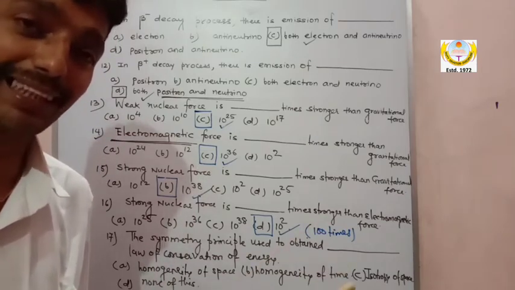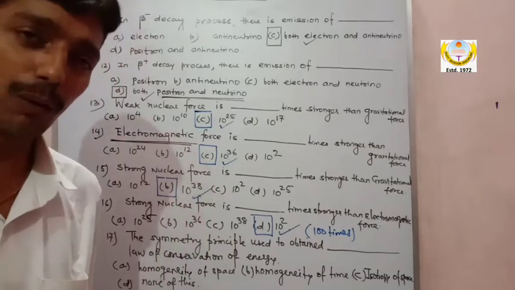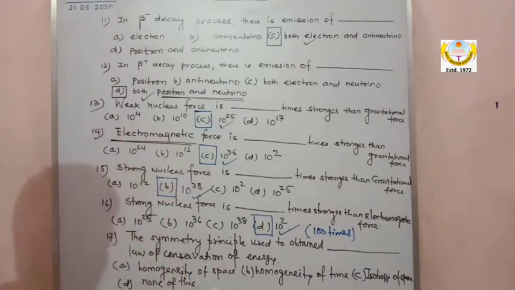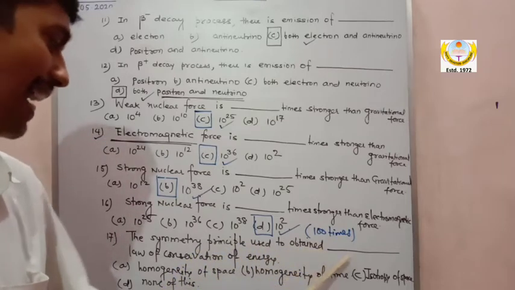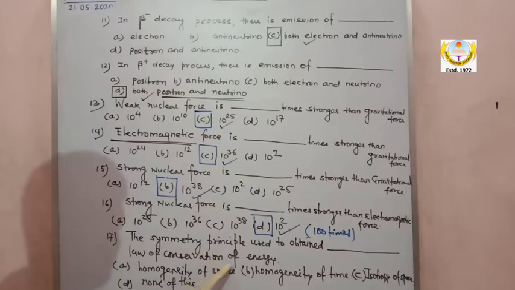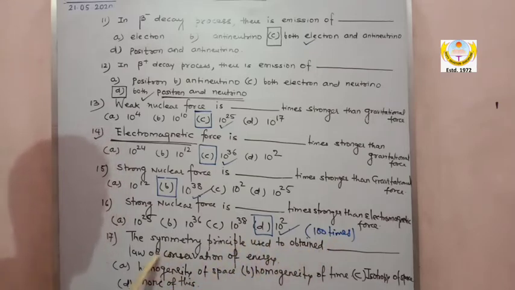In nature there is a symmetry of space and a symmetry of time. Please try to understand. Now what does that symmetry mean? The question is: the symmetry principle used to obtain the law of conservation of energy. Which symmetry principle are we using to obtain the law of conservation of energy? That's the question.